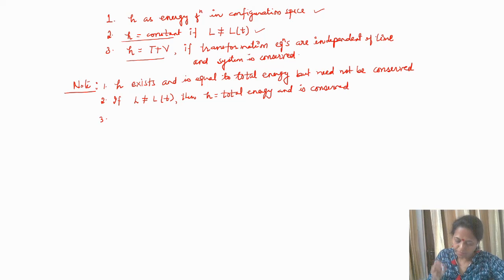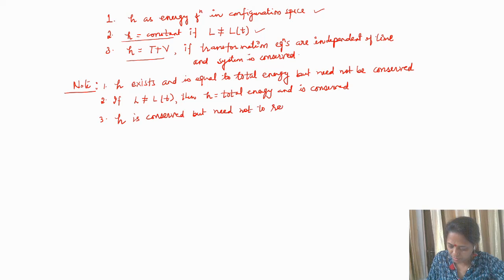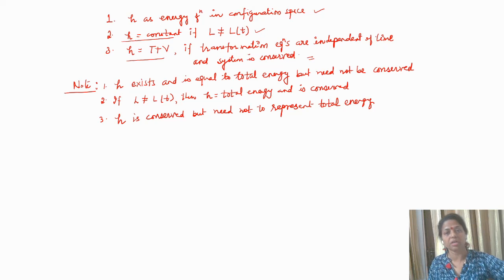Number 3, H is constant, means H is conserved but need not represent total energy. The reason being that it will represent total energy when your system is conserved.